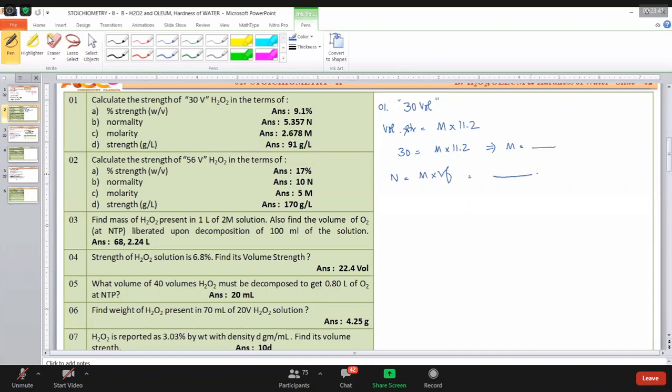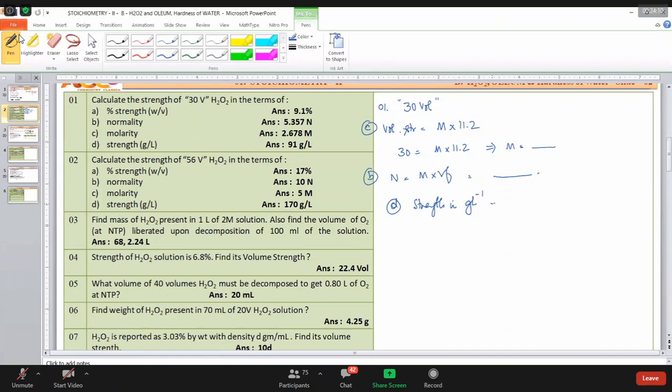Next is asking strength in grams per liter. See, I am going in a different way. First I have done the C bit here. Then I have gone to this one. It is comfortable for me to go like this. Now I'll write the D bit: strength in grams per liter.